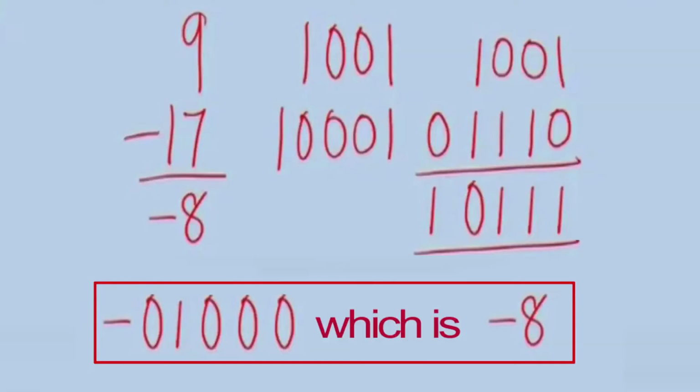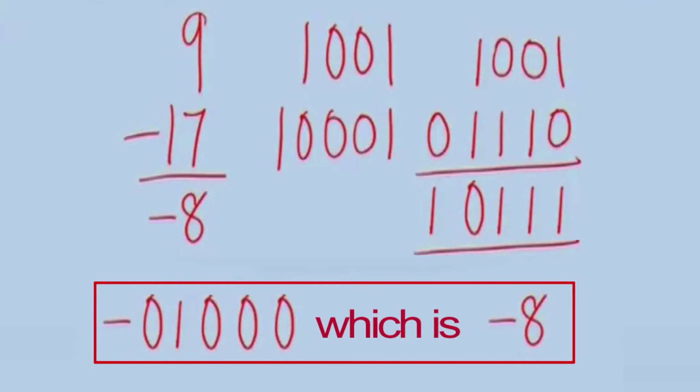Now we have seen only one part of the rule. The rule also says if there is no carry, the answer should be taken as negative and the correct answer will be the 1's complement of whatever we get as a result. Let us see that as an example now, where I am going to subtract the binary number 10001 from the binary number 1001.